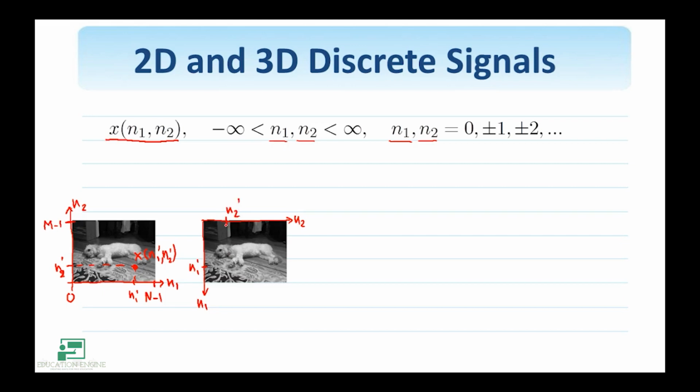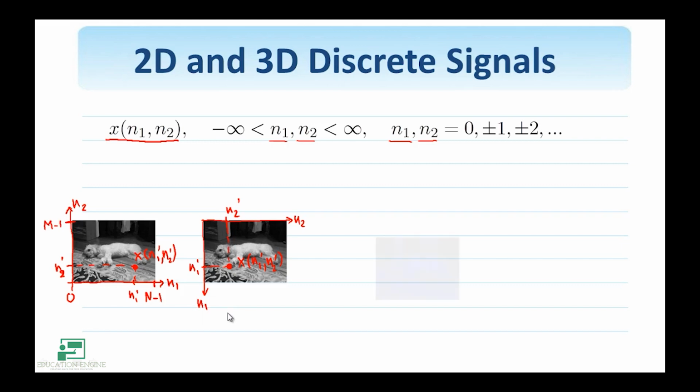The same n2 prime will be approximately here, and therefore this is now the pixel with coordinates n1 prime and n2 prime. Clearly, as long as the orientation of the axis is known, the result of processing an image should be identical. It shouldn't matter which way I have chosen to represent the axis.